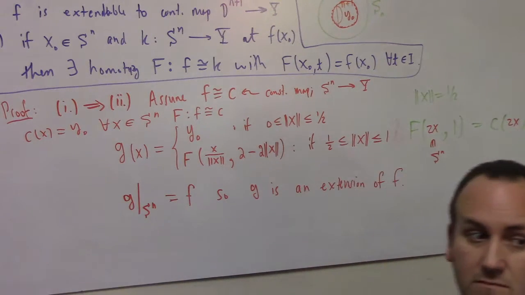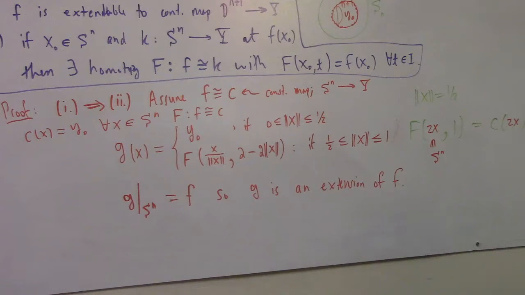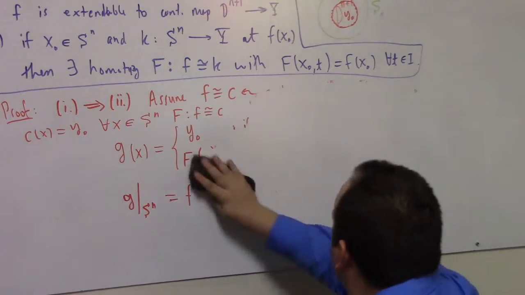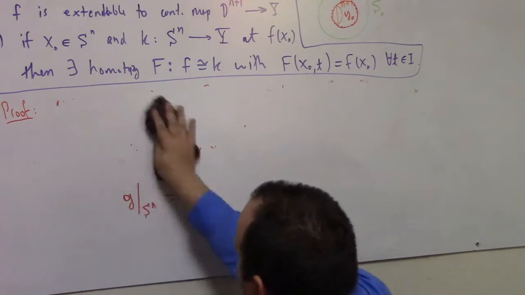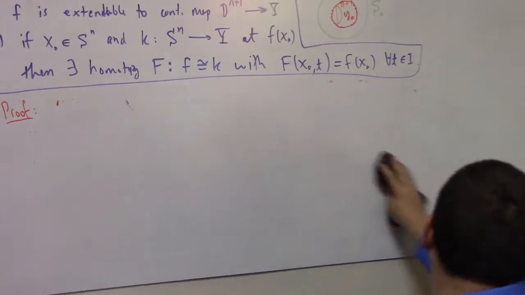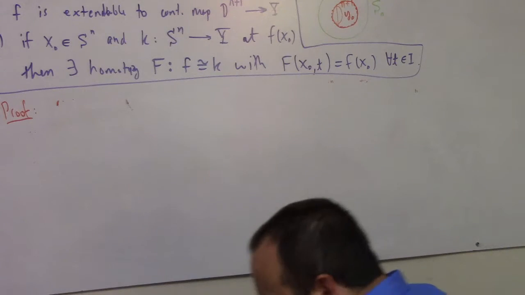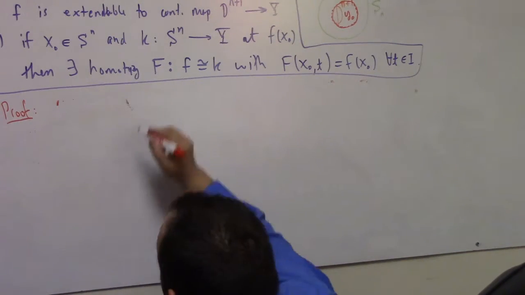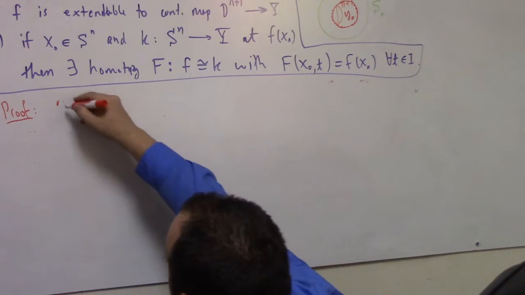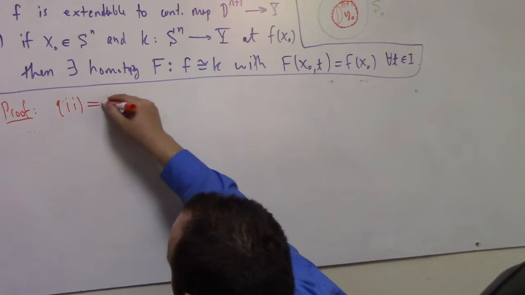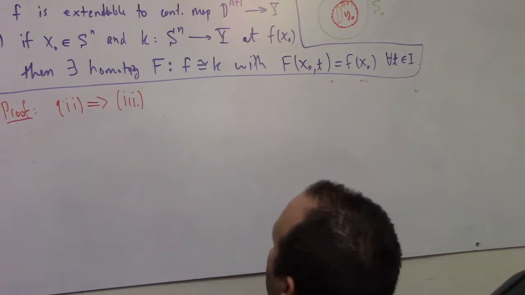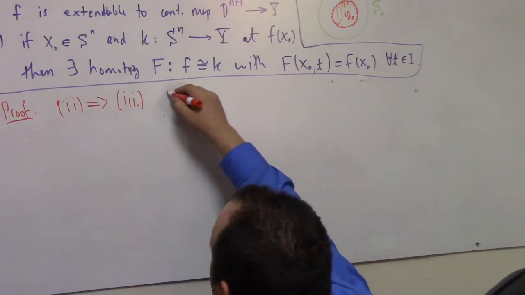So to show 2 implies 3, we assume f is extendable.